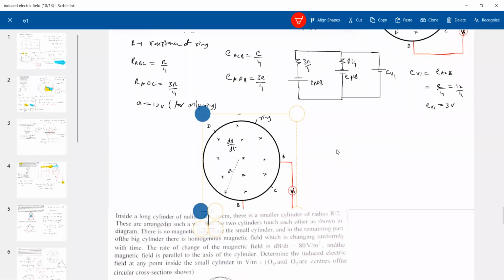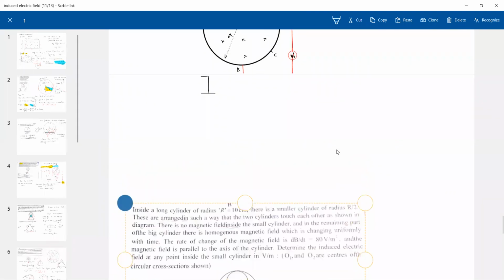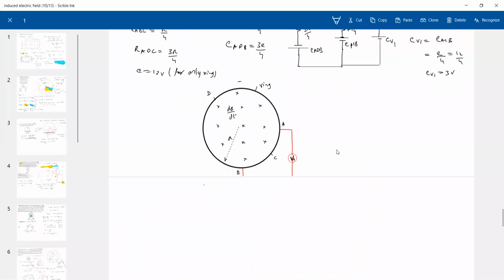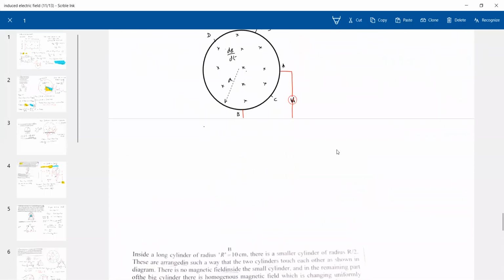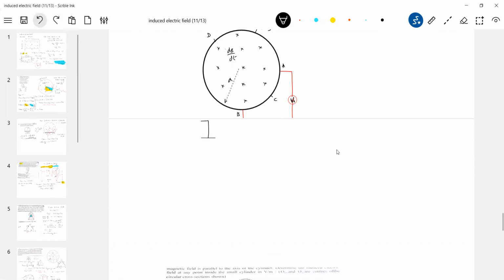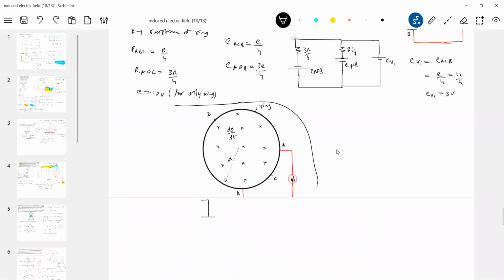Sir, in this case, why are we taking the resistance, sir? Just wait.